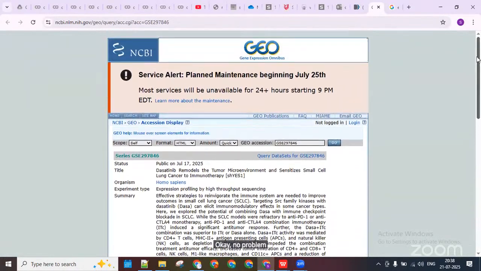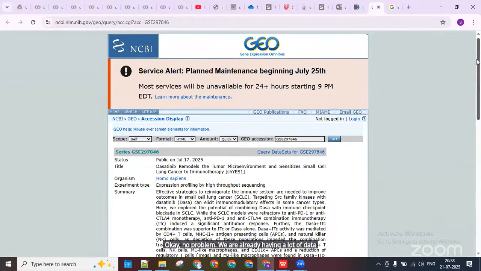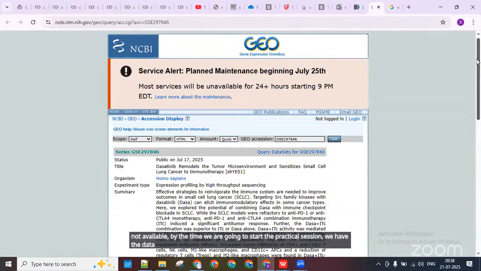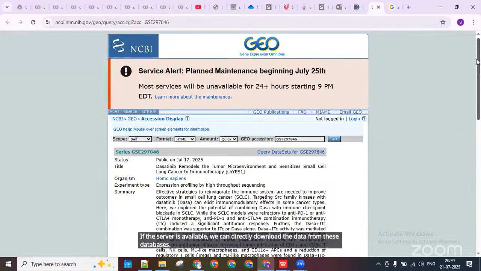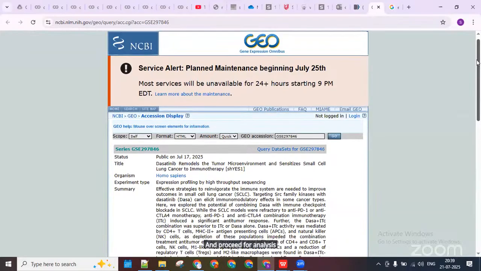We already have a lot of data. Even if the server is not available by the time we start the practical session, we have the data and can start analysis. If the server is available, we can directly download the data from these databases and proceed for analysis.